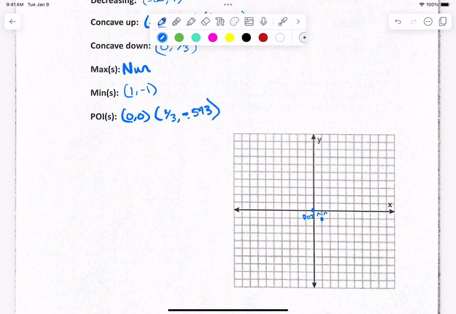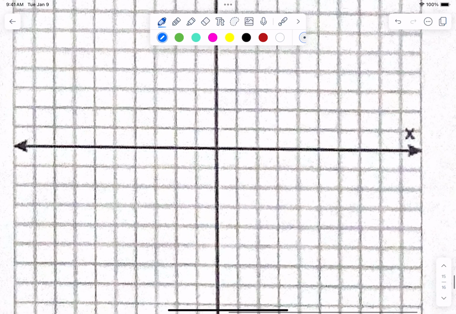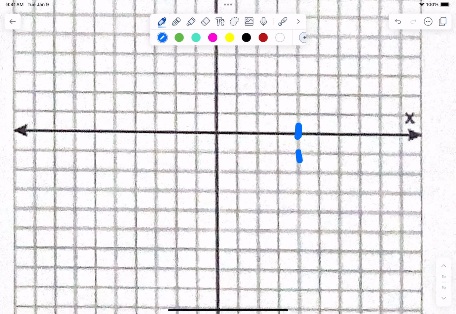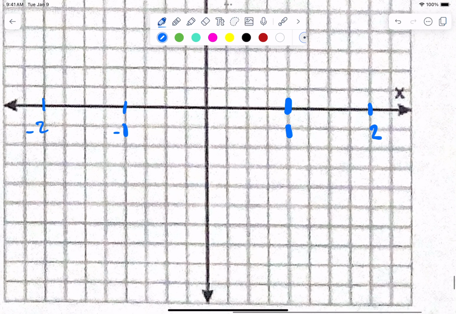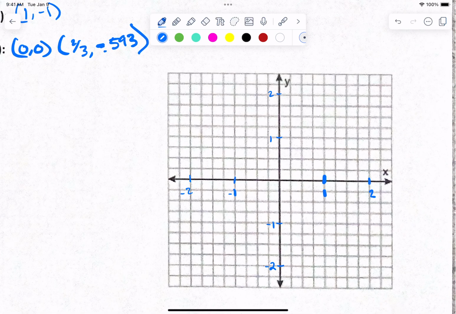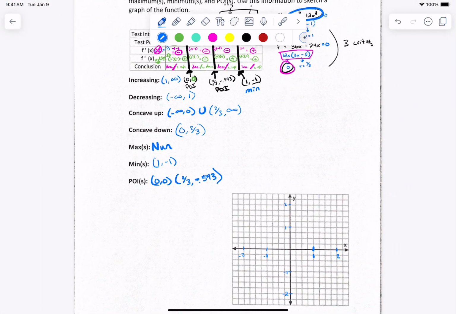Okay, I'm going to go 1 is here, 2, I'm going to go like 4 units to every whatever. This is 1, this is 2, this is -1, -2. What's our parent function, by the way?